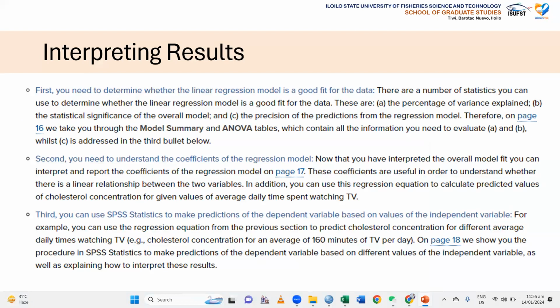Now, to interpret results, may I ask you to read, Ma'am Abigail? Please read. Okay, I'm not sure. Ma'am Abigail, are you with us? Is she available? May I ask you instead, Ma'am Rhea Jane Piliano? Please read.